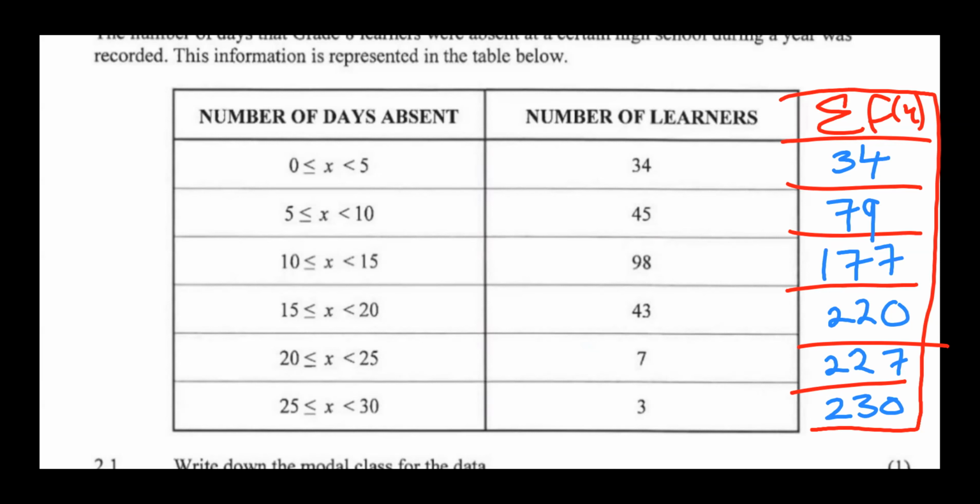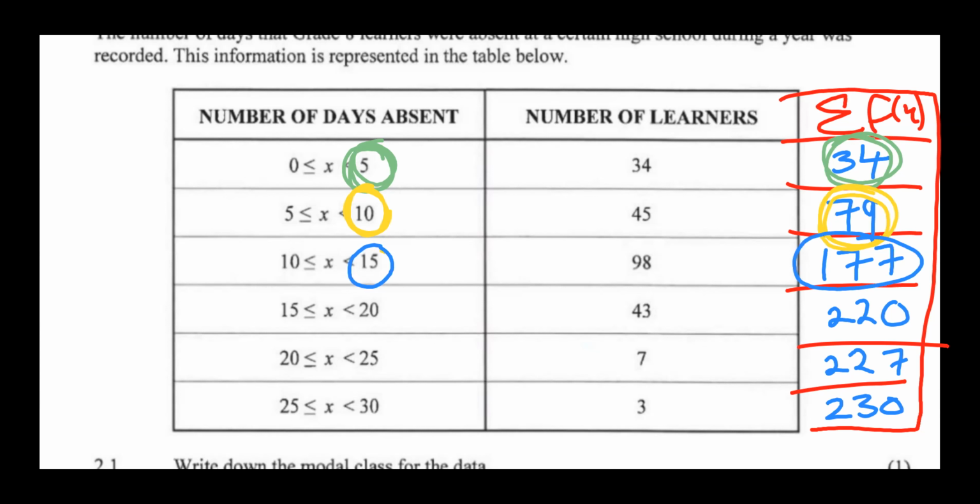Your coordinates for the ogive are going to be 5, so you take the last digit here, 5, and the 34. That's the first coordinate. The second one is going to be 10, again you take the last digit, and 79. Then the next one will be 15 and 177.